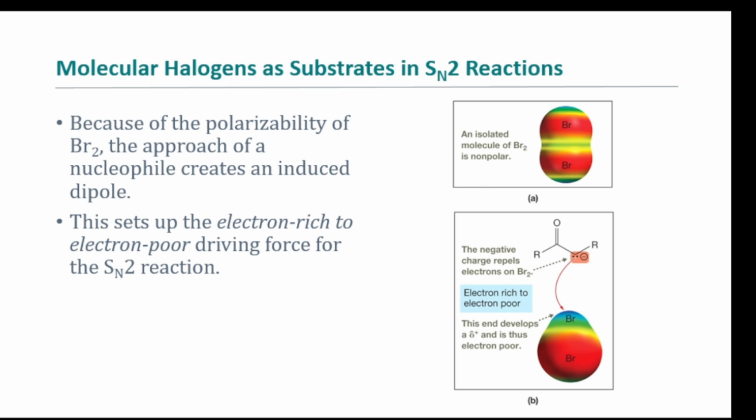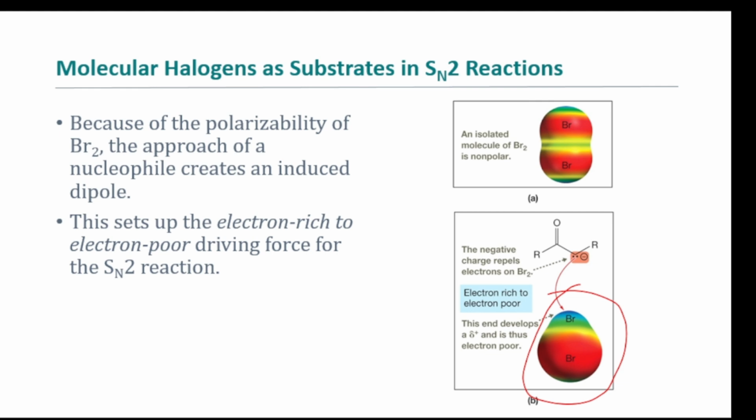Because of the polarizability of Br2, the approach of a nucleophile actually creates an induced dipole. When we put a negative charge next to Br, those electrons very easily flow off onto the other Br, and so it creates this induced dipole, which is right here. Everybody see that okay?